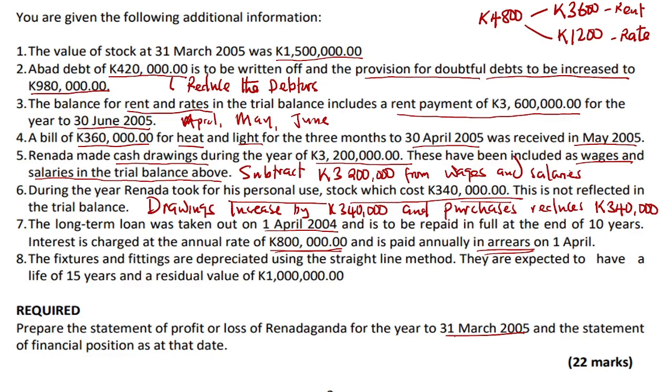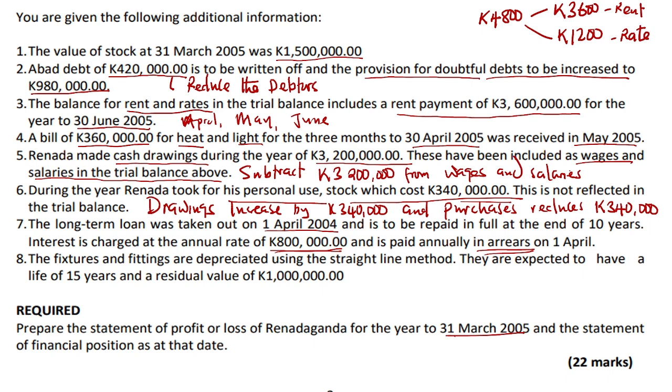So meaning that payment was beyond 12 months, not so? Yes, it was beyond 12 months. Is that clear?